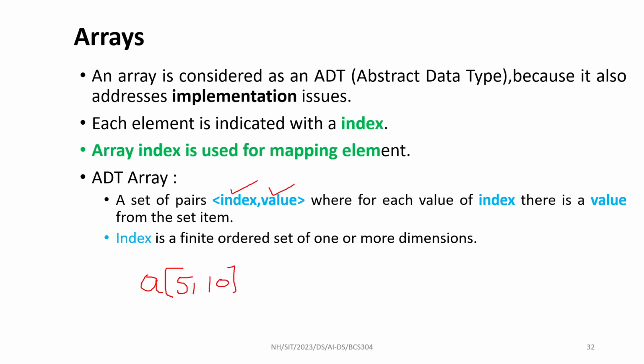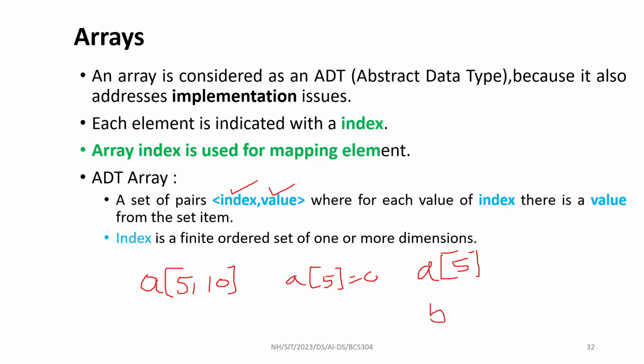In C, this can be written like this: A[5] = 10. Whatever it may be, the index value is an ordered set of one dimension. In this example, I gave one dimension. In C, that can be written like this: A[5]. The dimension of A is 1, and the size of that dimension is 5.